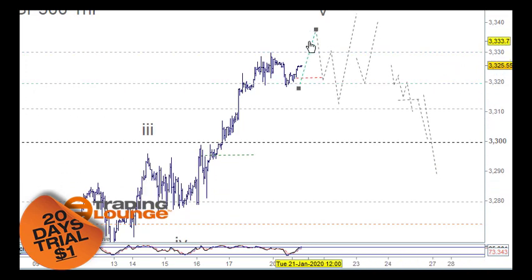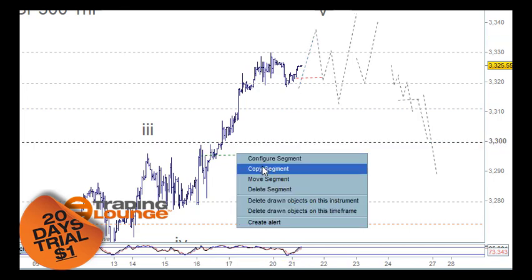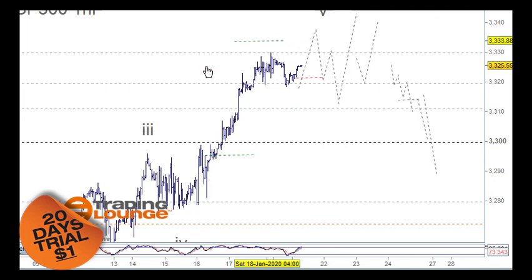So taking the money off the table at the micro group one there where the 3 is, so 3, 3, 3, 3 would be a nice little target space to take that there. I won't put that there, but anyway, that's where you can take part profit at least there if you wanted to, or take it all there. I'd take it all there, and then we'll look to get back in over here.